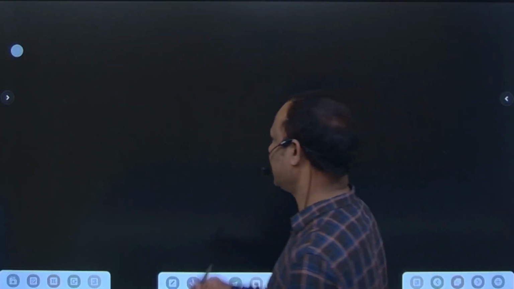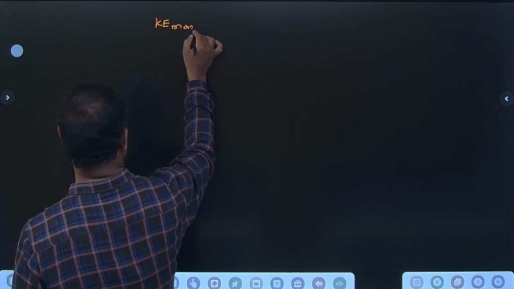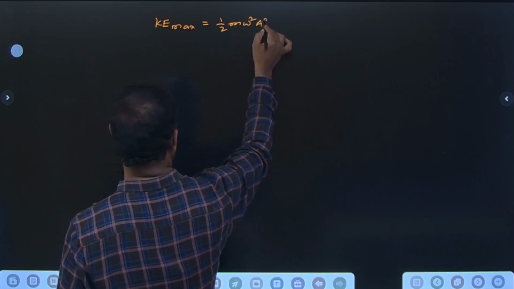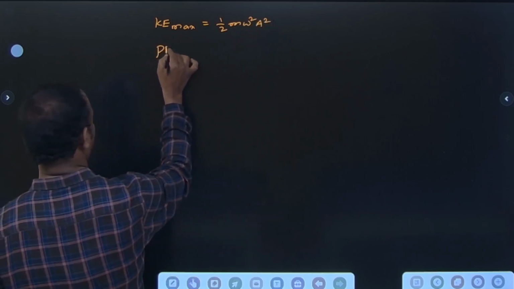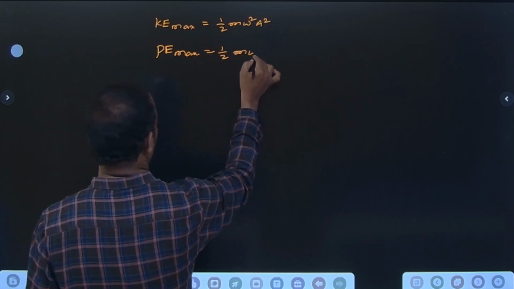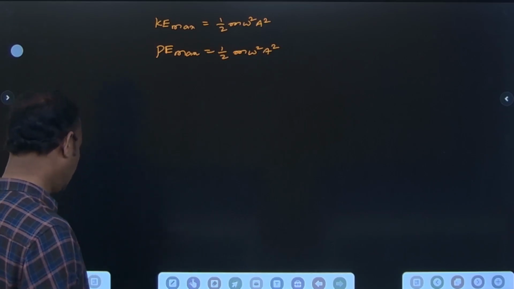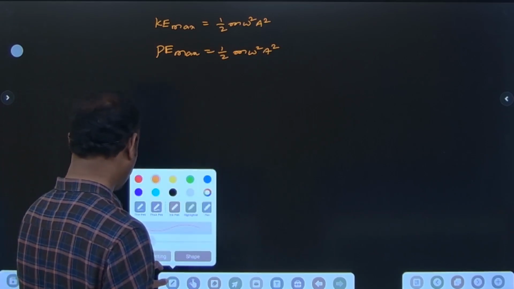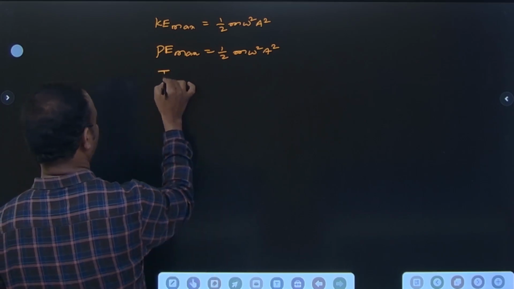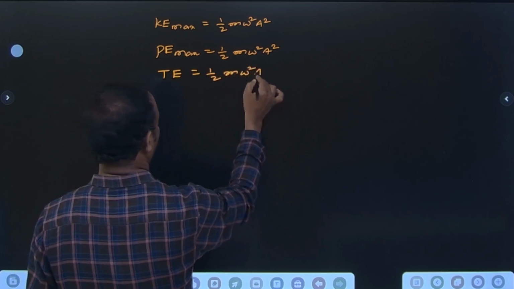Maximum kinetic energy, we have written, is half m omega square a square. Maximum potential energy is half m omega square a square. So maximum kinetic energy, maximum potential energy and total energy are the same. Total energy is equal to half m omega square a square.